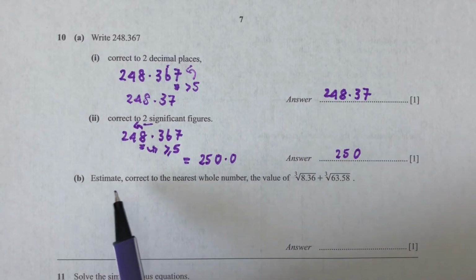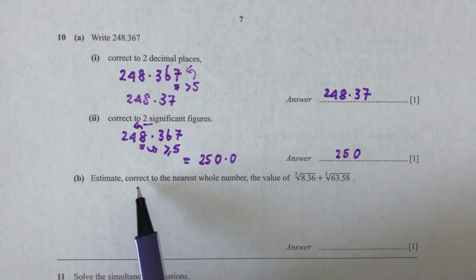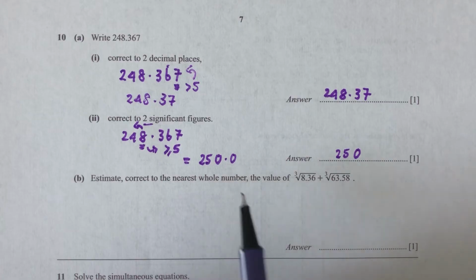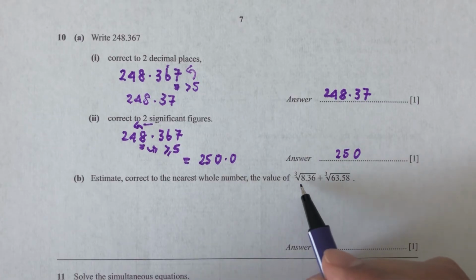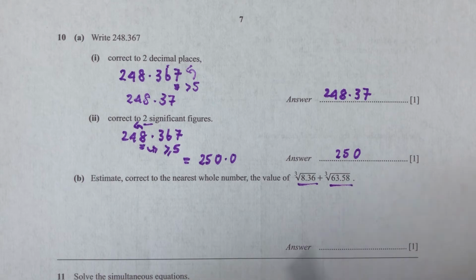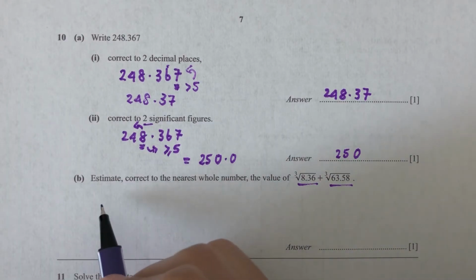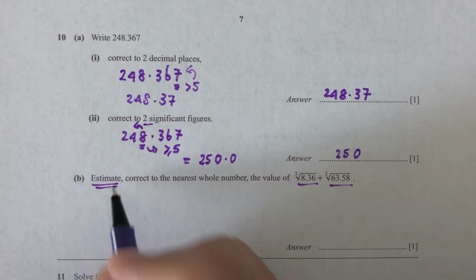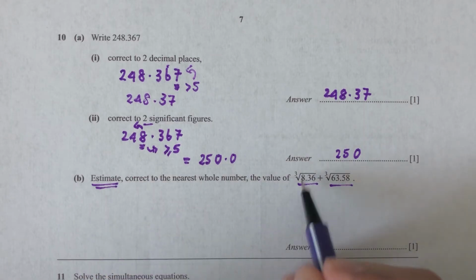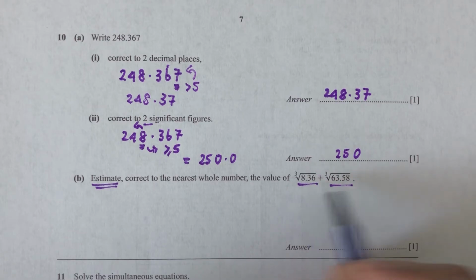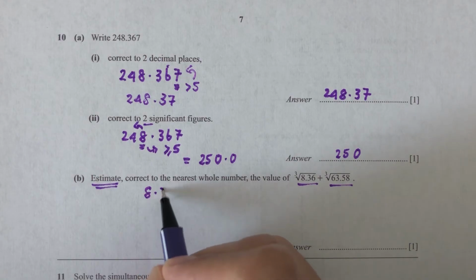So now we have to estimate, correct to the nearest whole number, the value of this and this. So since we're using estimation, we can just rewrite the numbers inside. It's only an estimate, it is not the correct answer. So we have to change the numbers inside the cube roots to make them cube numbers. So we have 3.68.